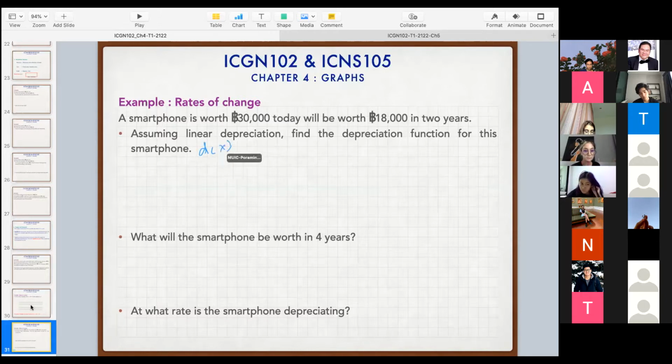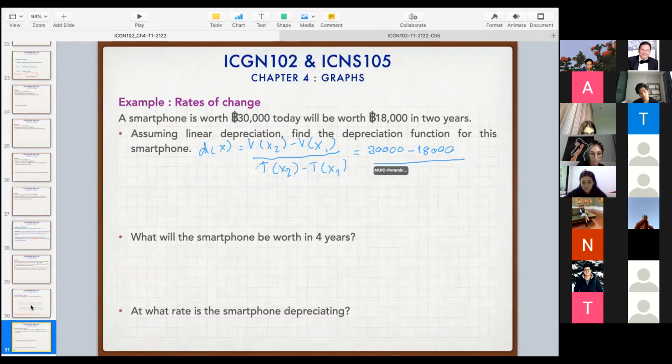The difference is the price, or the value of year 2 minus the value of year 1, divided by time x2 minus time x1. If you calculate, today's worth is 30,000, subtracted by the worth in the next 2 years, which is 80,000, divided by 2 minus 0 times x.